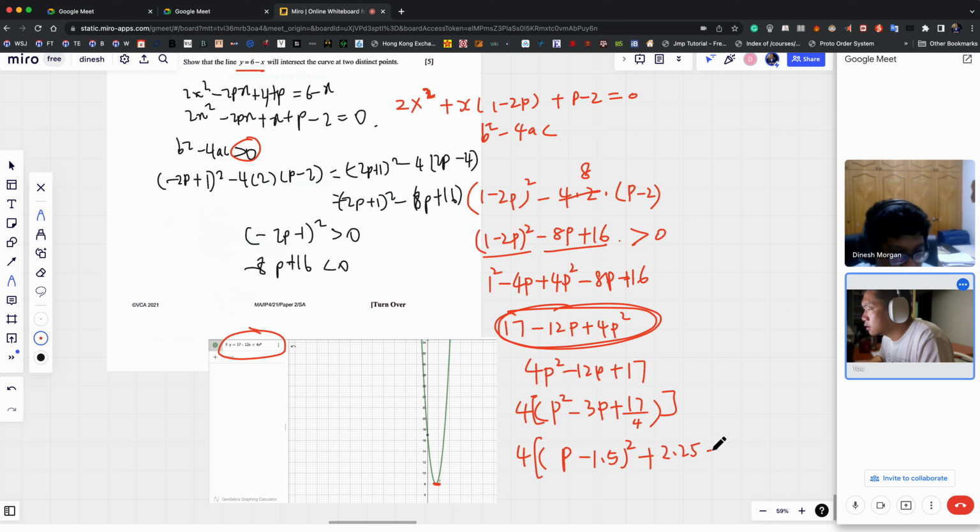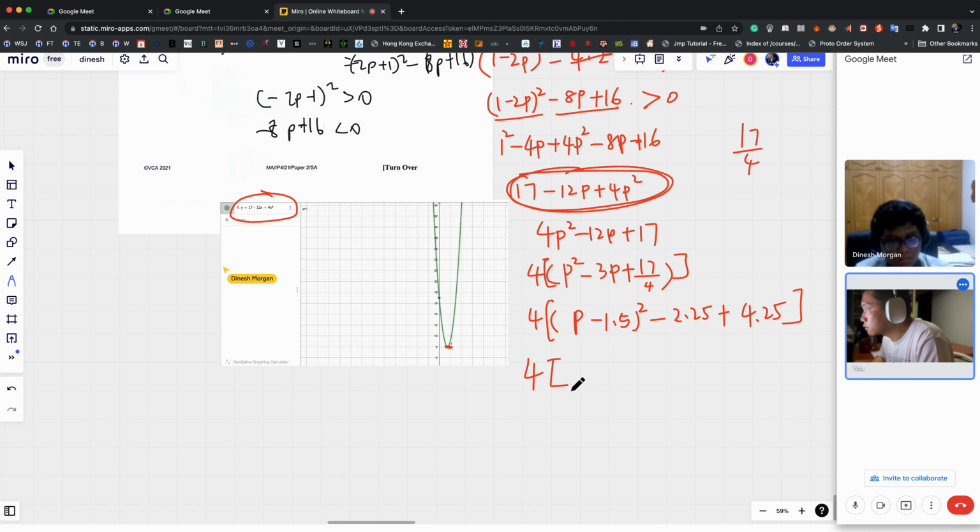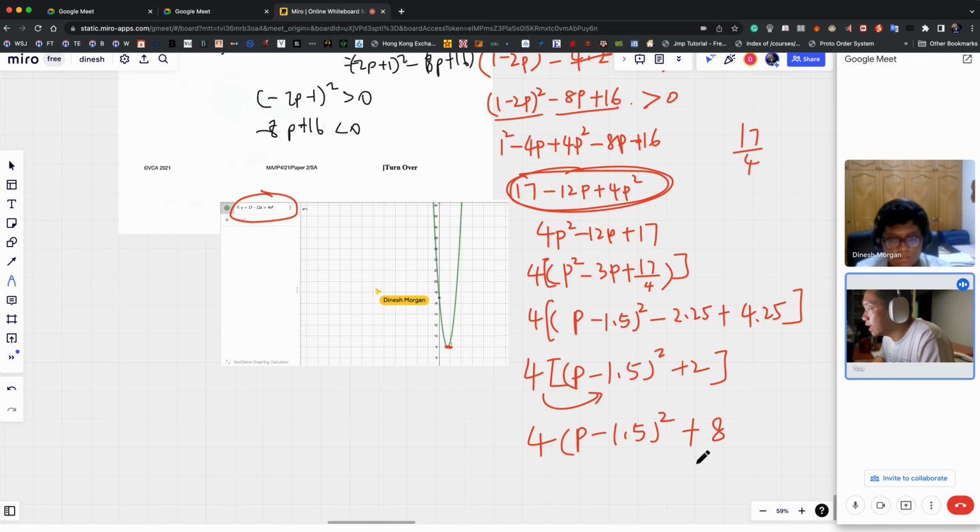Can you help me out with 17 over 4, what's the decimal number? 4.25. So you introduce plus 2.25, and you need to minus it. Then you have plus 2, exactly like what the graph shows. The minimum value is 8.